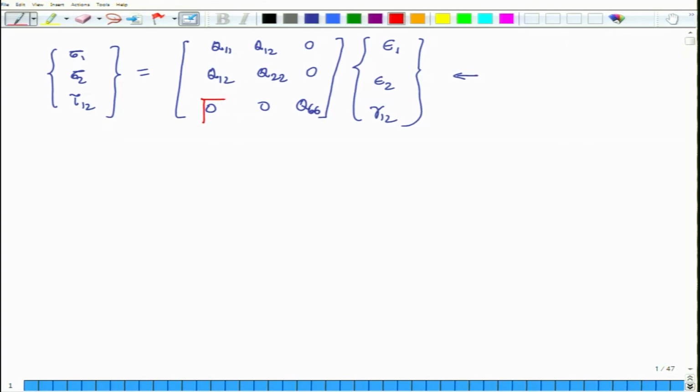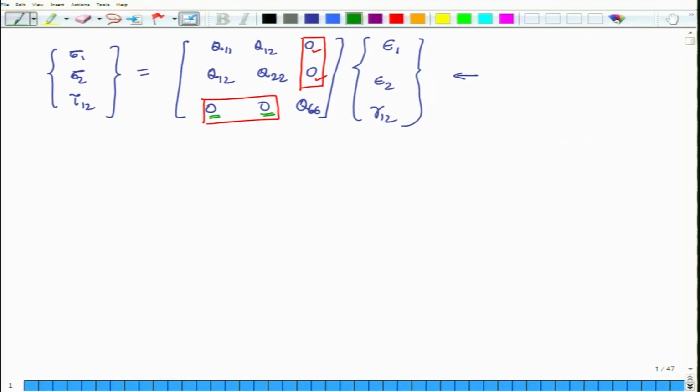Because these terms are 0, these two terms ensure that there is no coupling between the extensional stress and the shear strain, and these terms underlined in green, since these are 0, ensure that there is no coupling between the shear stress and the extensional strains.